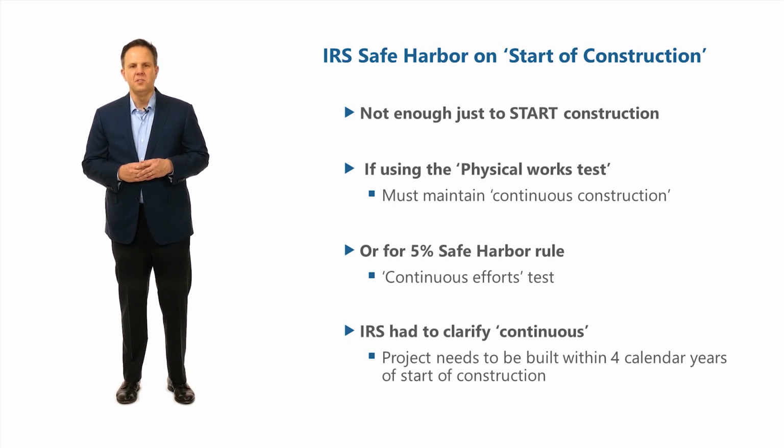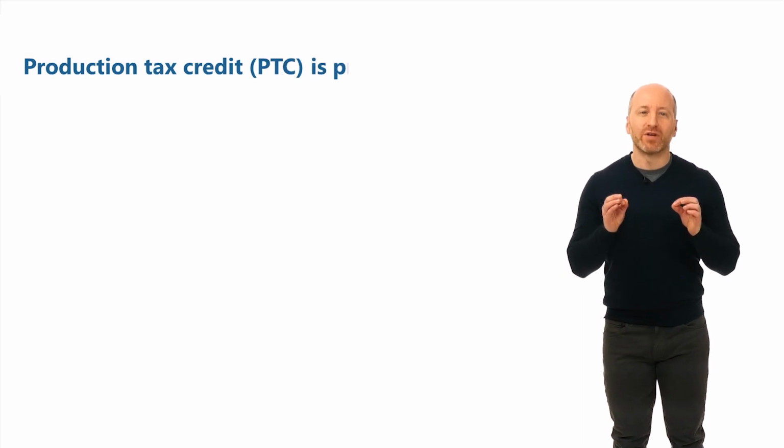So even though the PTC is gone for projects that start construction after 2020, investors will be receiving tax credits for projects that achieve COD well into 2024 and possibly later if the project can provide continuity for the whole time.